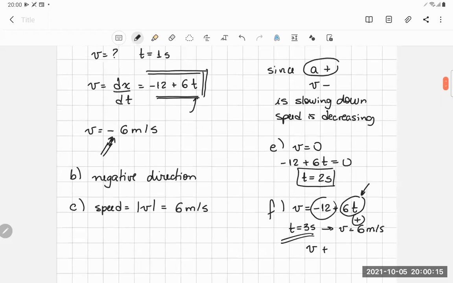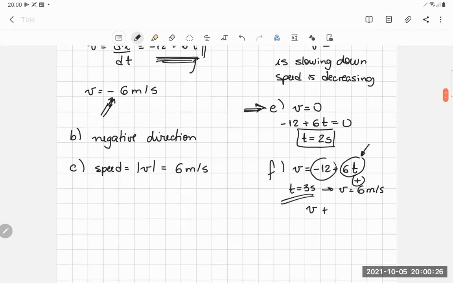Based on this equation and what we found in question E, the velocity is negative for time in the interval from 0 to 2 seconds.